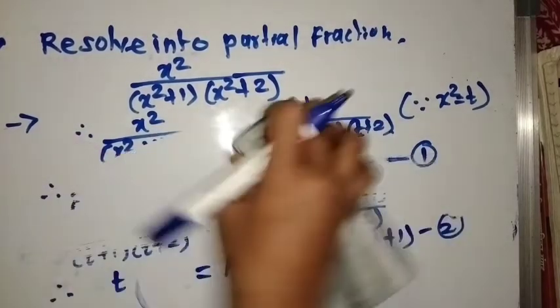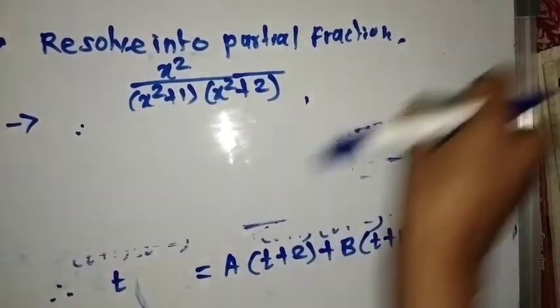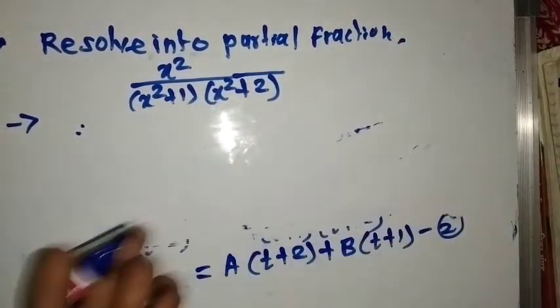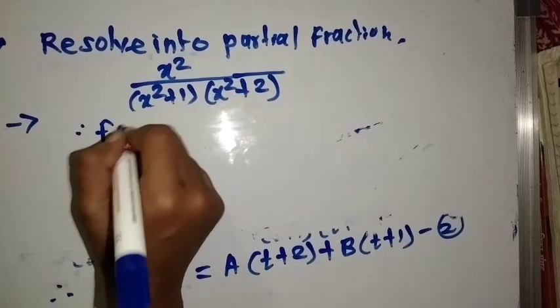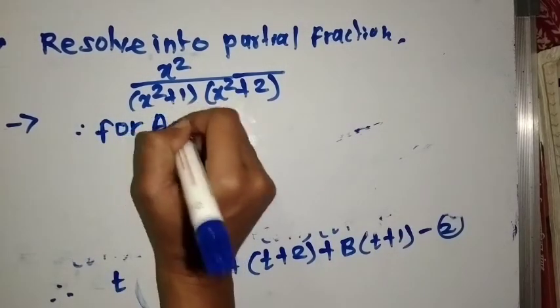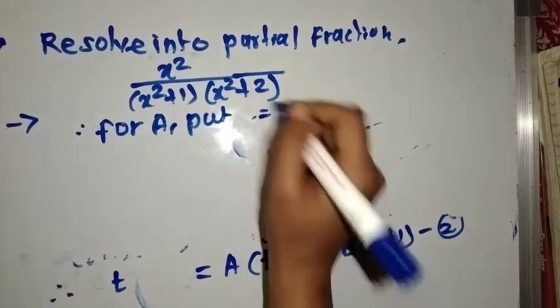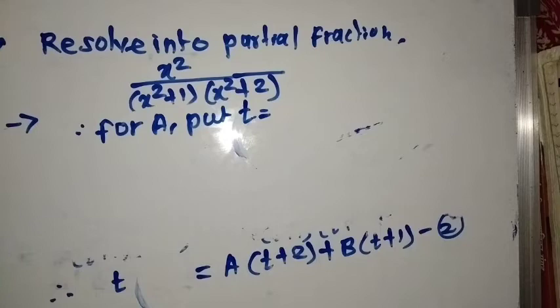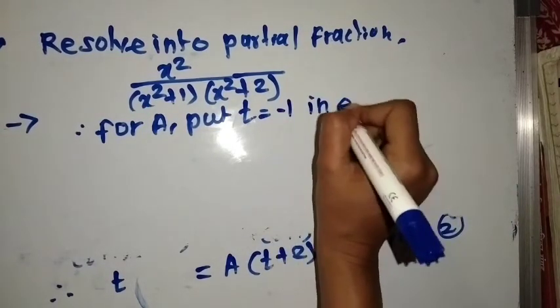Then we find out a. For a, we put t is equal to minus 1 in equation 2.